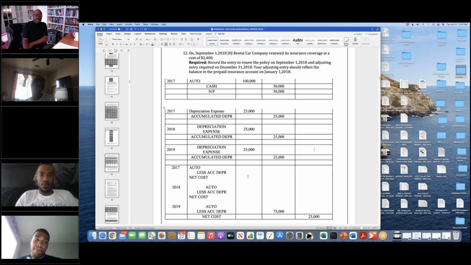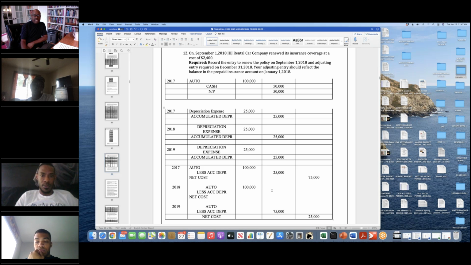Now let's look at our cost less depreciation for our net cost. In the first year, 100,000. Depreciation is what? 25,000. So our net cost is what? 75,000. Second year, 100,000.